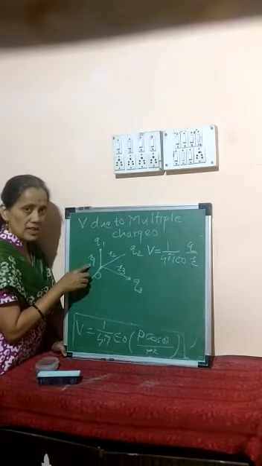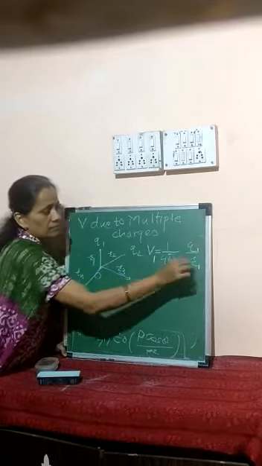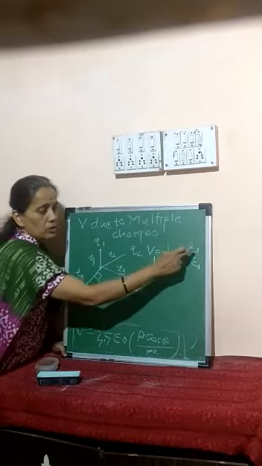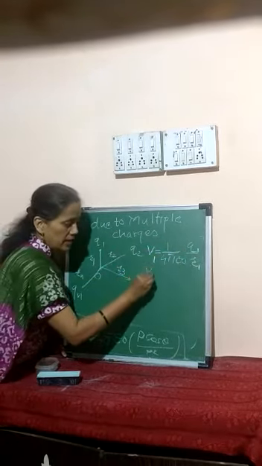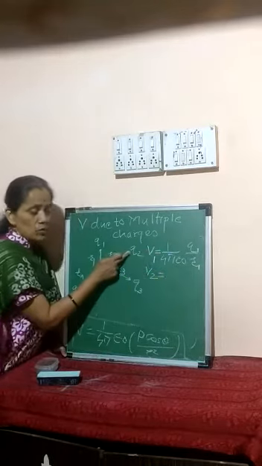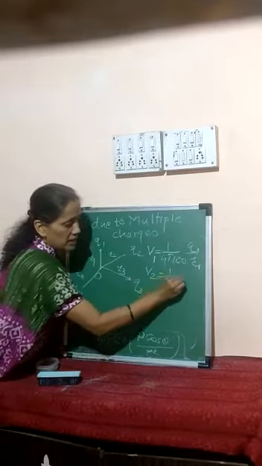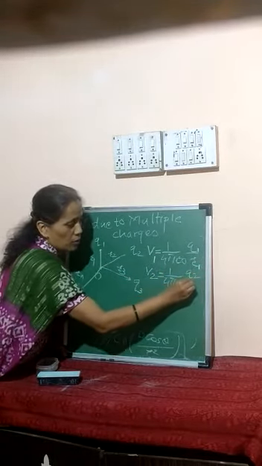Its distance is R1, so the corresponding potential I can call V1. So potential V1 will become 1 upon 4 pi epsilon naught Q1 upon R1. Similarly, electric potential V2 due to the second charge Q2 at a distance of R2 can be written as 1 upon 4 pi epsilon naught Q2 upon R2.